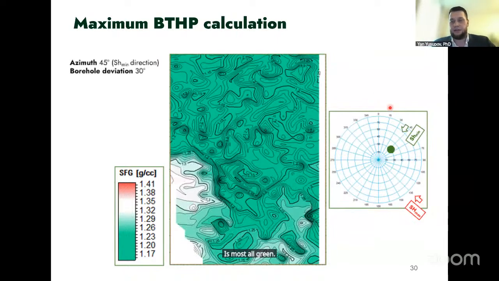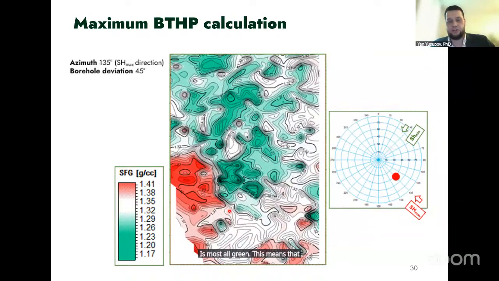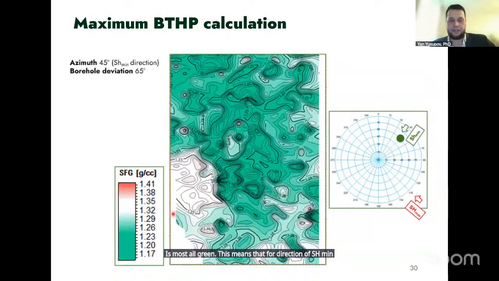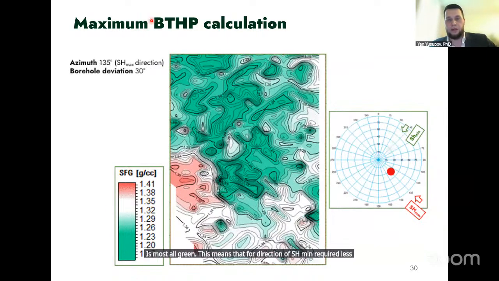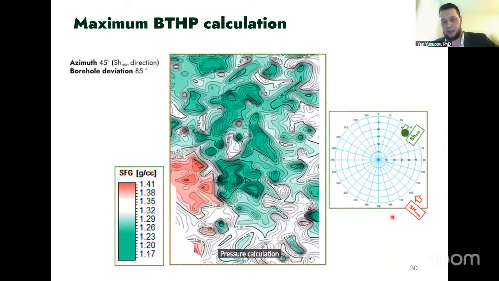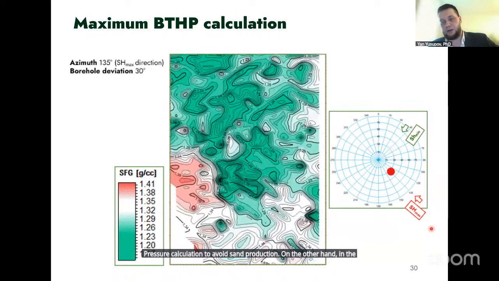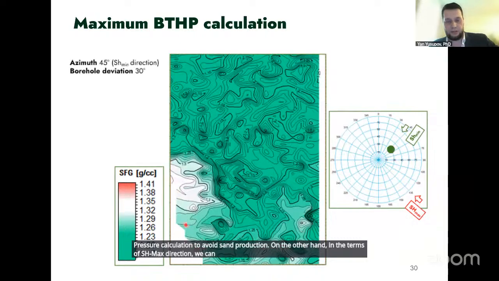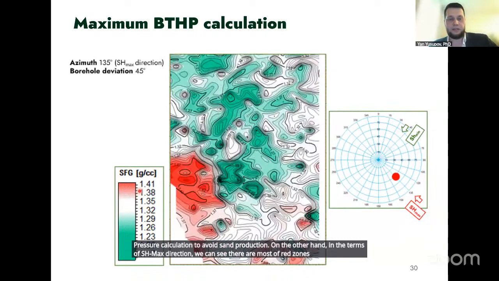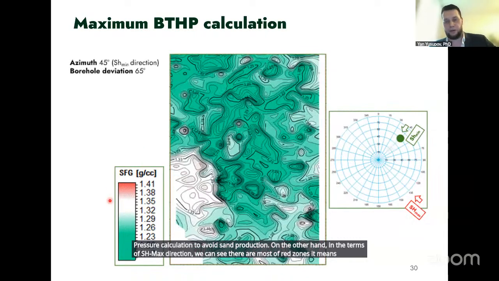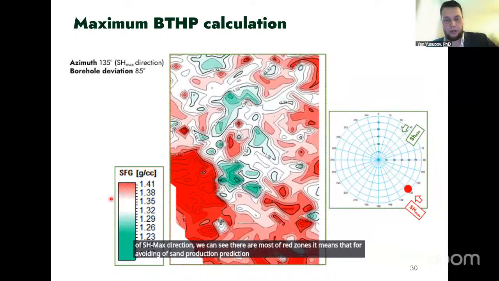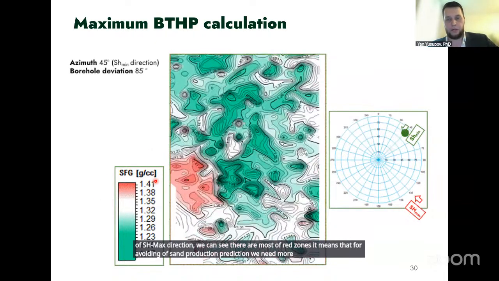This means that for the SH min direction, less maximum bottom hole pressure is required to avoid sand production. On the other hand, in the SH max direction, we can see mostly red zones. It means that to avoid sand production, we need more maximum bottom hole pressure.